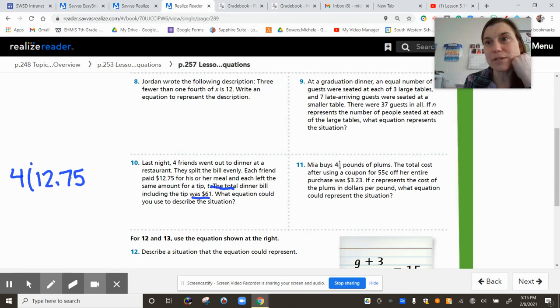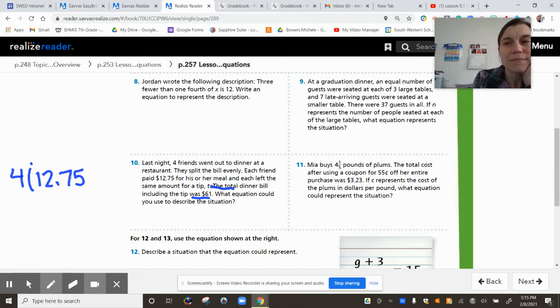We don't get $61. Well, why? Because there's this tip. Now, did they pay the tip one time, or did each person pay the tip? Well, if each person paid the tip, that's what it's saying, it says each left the same amount for a tip. Well, if that's the case, then that means that there were 4 tips, not just one. So how am I going to account for that?